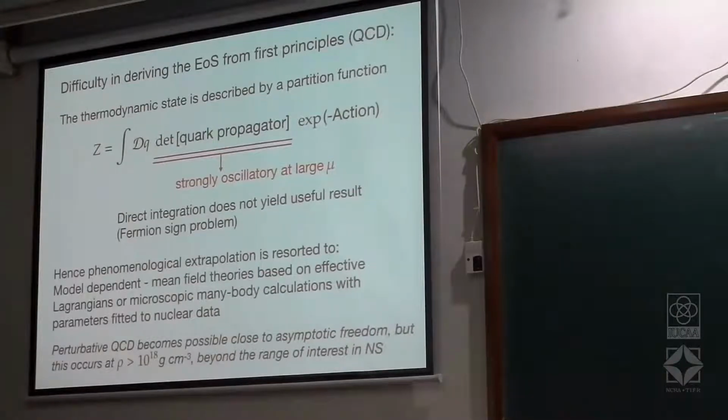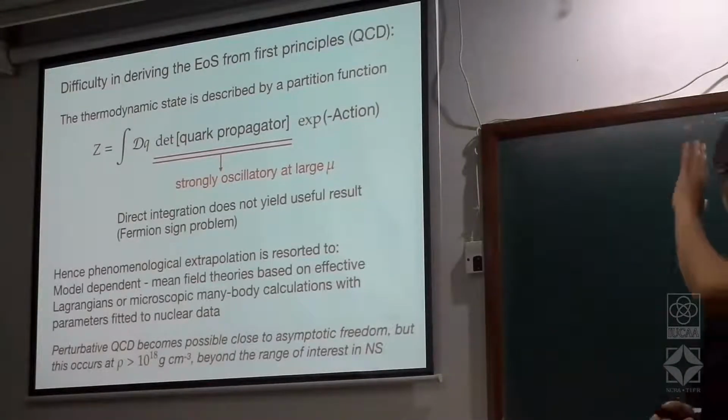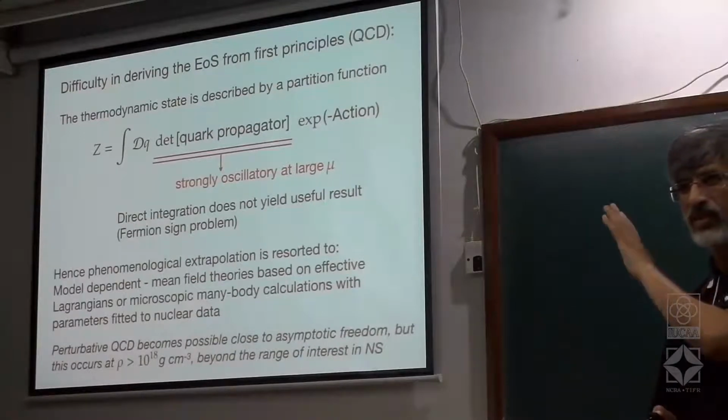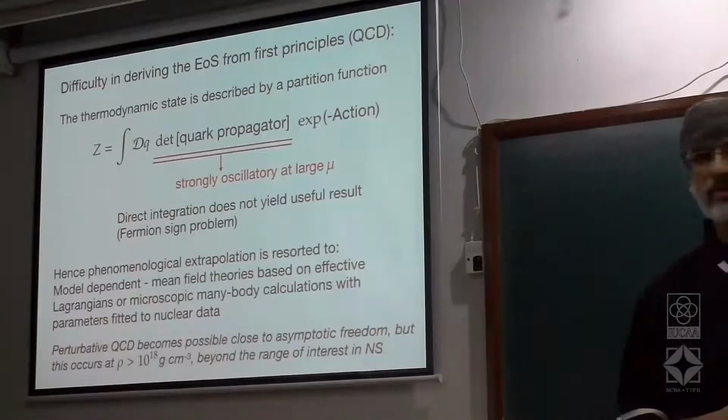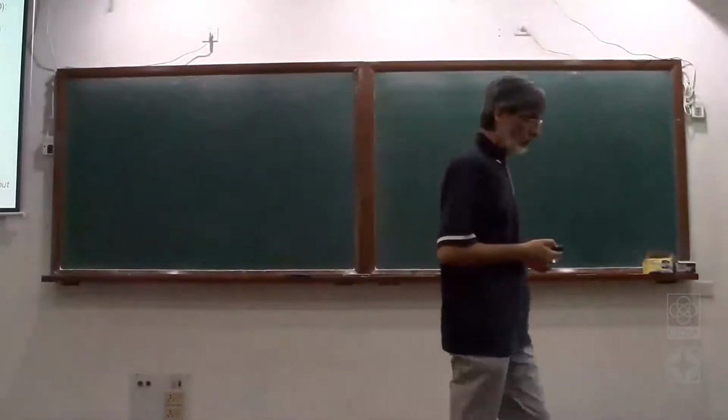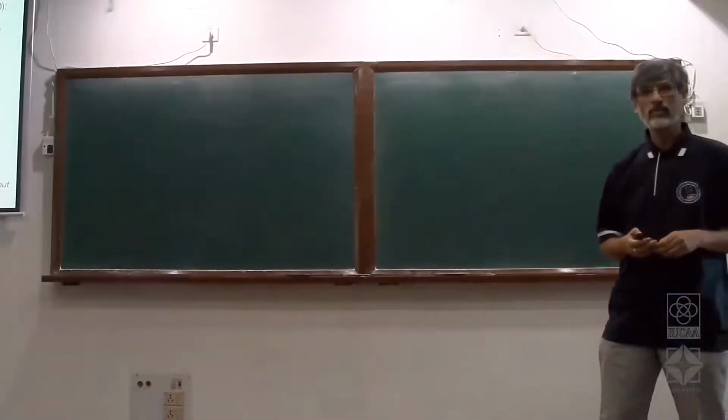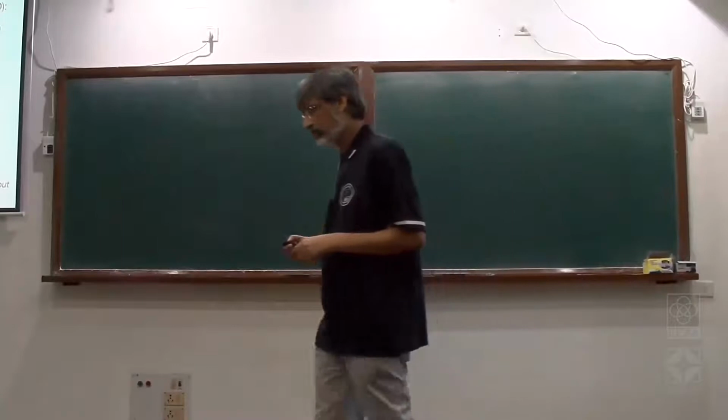Now with this, you extrapolate to high density. You have not measured at high density, but you say that these parameters and the density dependence of these parameters is what I know at low density. I'll keep it, and then I'll extrapolate it to high density. So this is a more phenomenological, empirical way. So there is always some energy where the RMF and the two-body or three-body nuclear potentials merge, right?